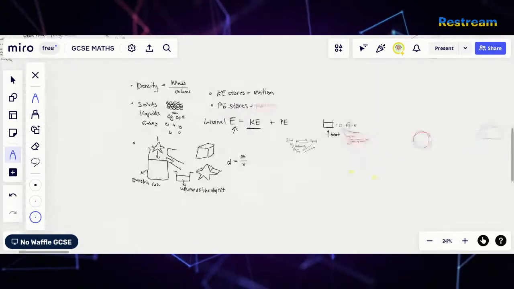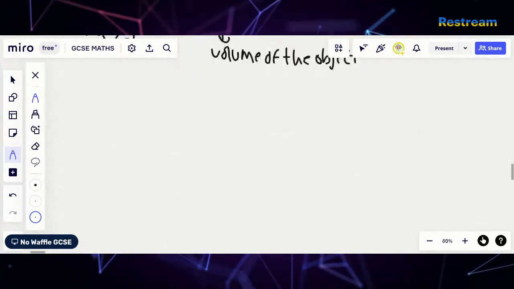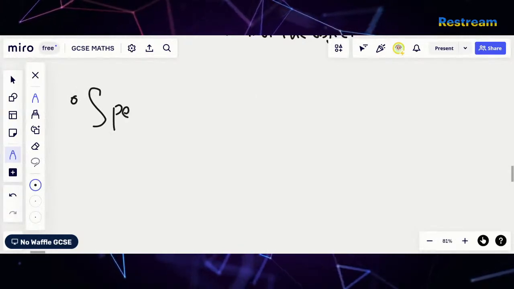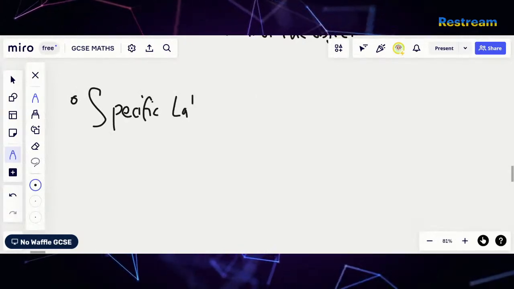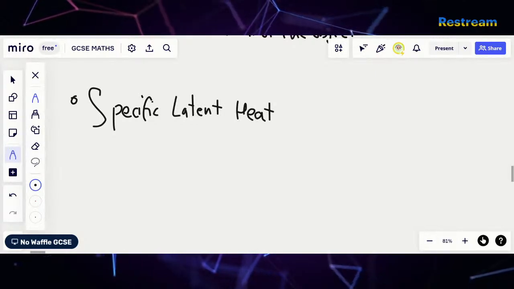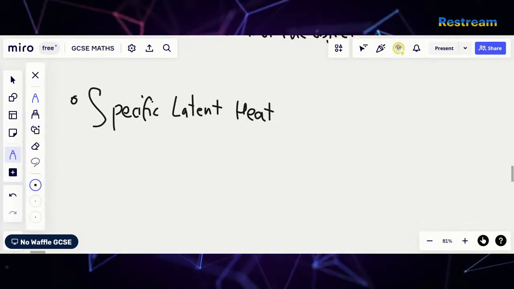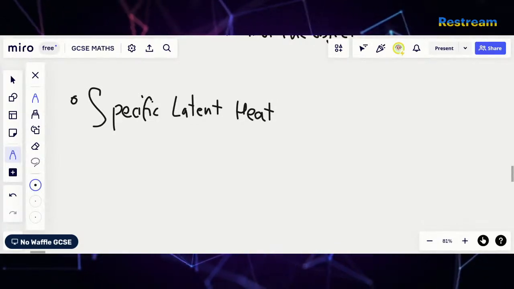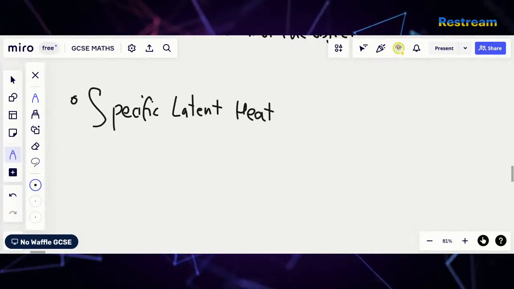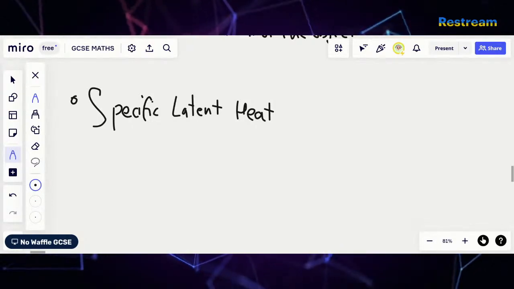Let's look at one of the other principles, which is all about specific latent heat. Now, specific latent heat is the amount of energy required to change 1 kilogram of a substance into another state without increasing the temperature.